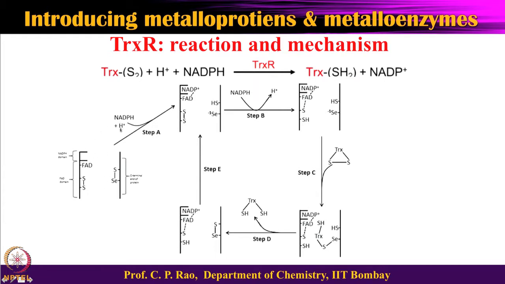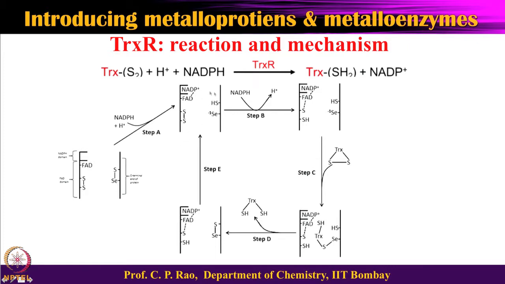Now, this is activated by NADPH as a step A, and that will break down this bond between Se and S and give an open form of the SeH and SH. And this is the activation step. So, in the activation you have NADPH involved. Okay, and this NADPH does not activate directly, it goes via the FAD.